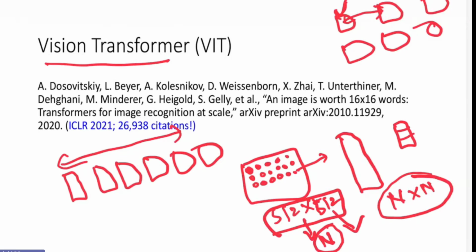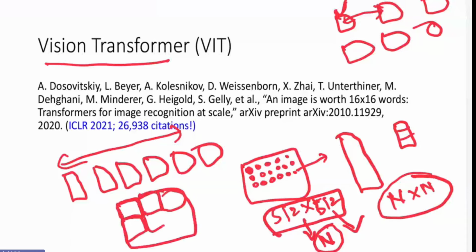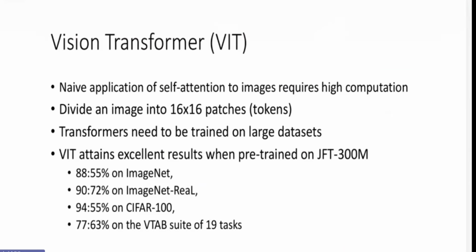What it has done is converted the image into patches. Take the image and divide it into multiple non-overlapping patches. Consider this one patch, then take the second patch, third patch, fourth, fifth, sixth, seventh, eighth, and so on. Then each patch is considered as a token, and then we process it. And they have done it.